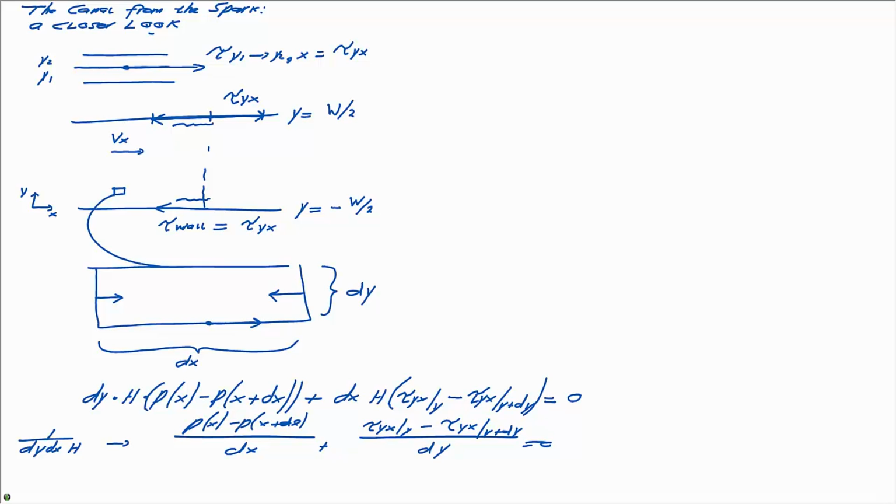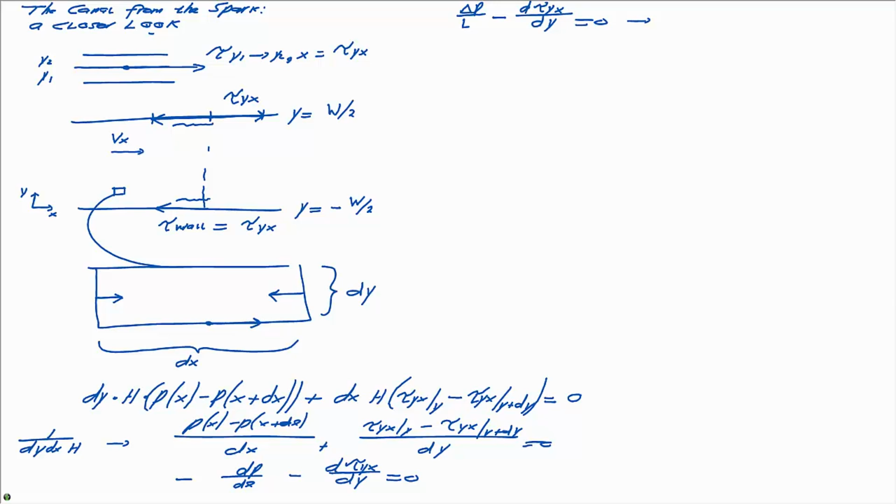And then you can recognize the definitions of the derivatives. So this is minus dp dx minus d tau yx dy is 0. And as one can see, because it is given that there is a pressure drop going from x1 to x2, minus dp dx is equal to delta p over L. And then we have a differential equation for tau yx.